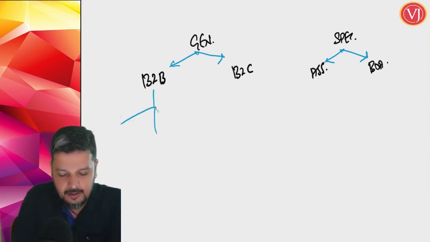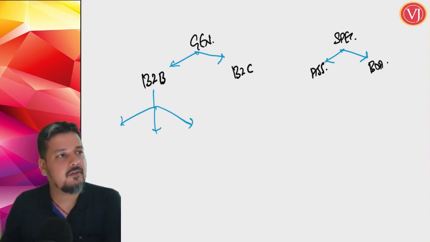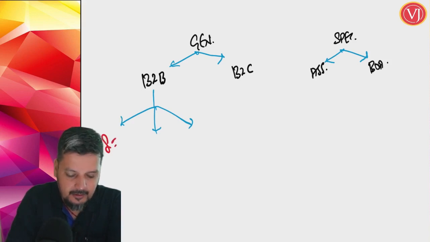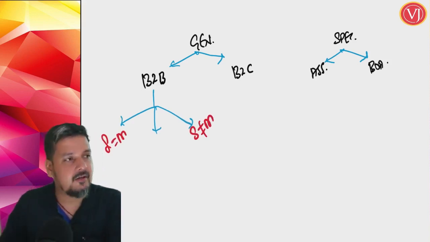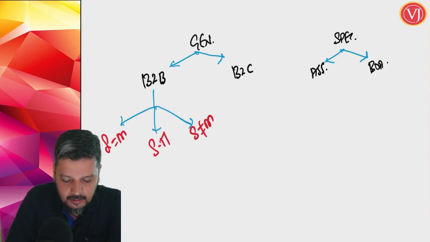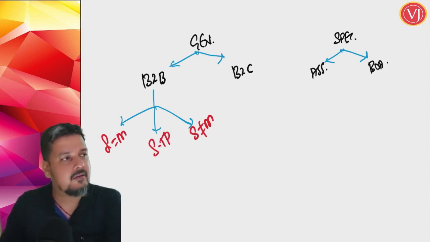In B2B, you have 3 situations: where there is supply and movement, where there is supply but no movement, and where supply is through a third person.